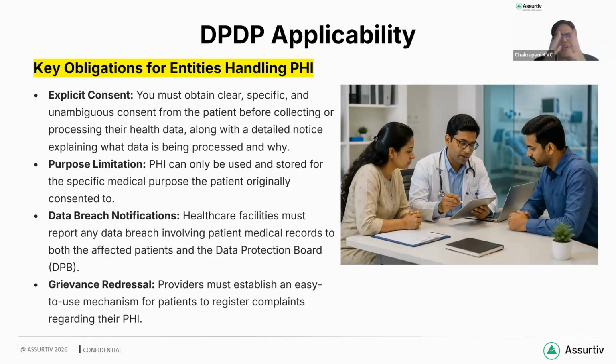If a data breach happens, whom should we notify? First we should notify the Data Protection Board of India, DPBI. It was constituted by the Government of India in November 2025, when the DPDP rules came into picture. So first they have to report to them.